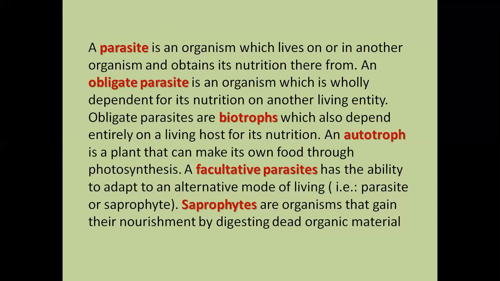An autotroph is a plant that can make its own food through photosynthesis. A facultative parasite has the ability to adapt to an alternative mode of living, that is parasite or saprophyte. Saprophytes are organisms that gain their nourishment by digesting dead organic matter.